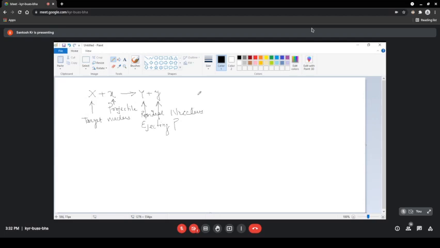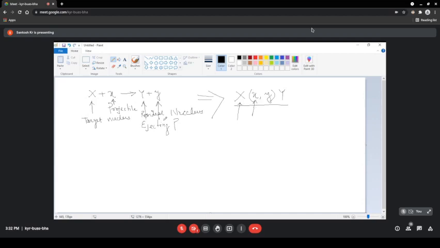So this nuclear reaction is represented by this, where this X is the target nucleus and this small x is known as the projectile.